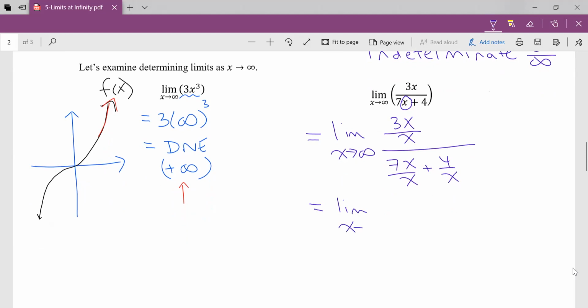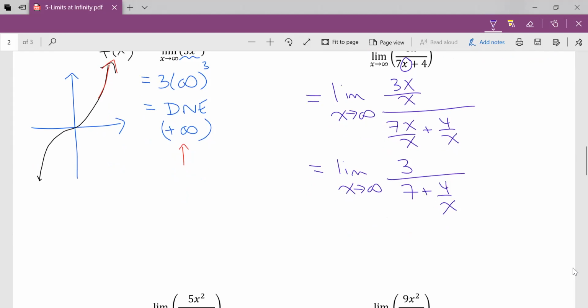The limit as x approaches infinity of 3 over 7 plus 4 over x. Weird, why did he do that? Well, now what happens right here? As x goes to infinity, 4 divided by infinity is 4 divided by a really large positive number.